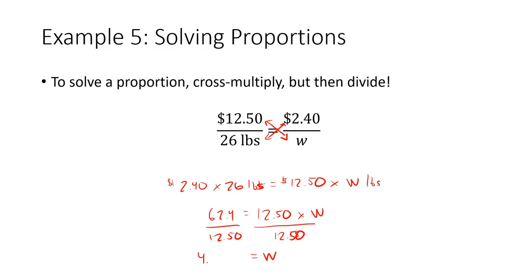We find W is equal to 4.992, in this case pounds.